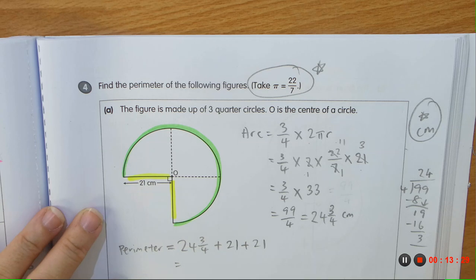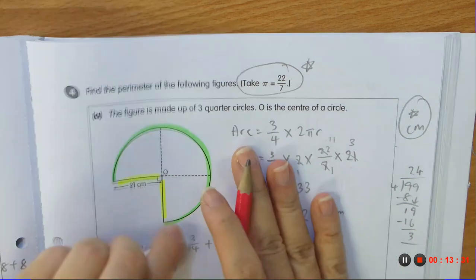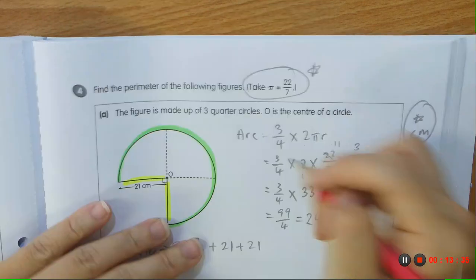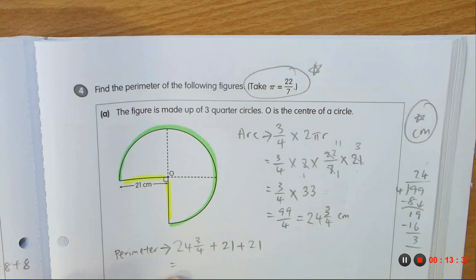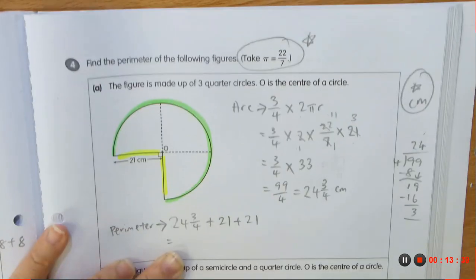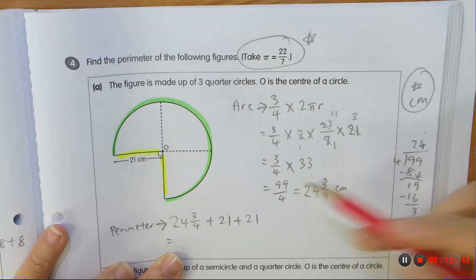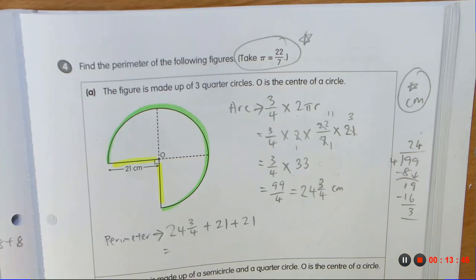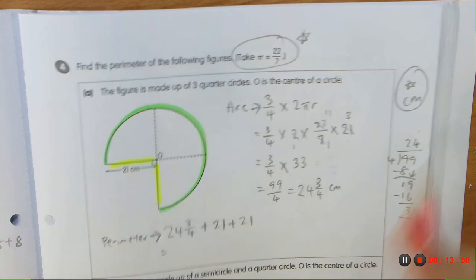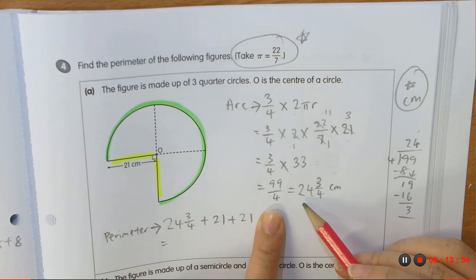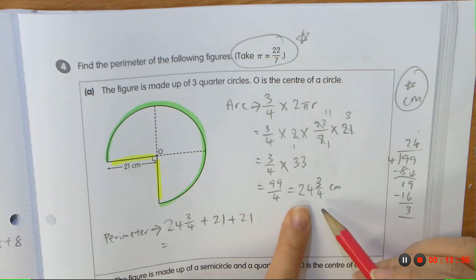Huh? Oh, sorry. Not this one. Here, but it's equal already, right? I'm using 22/7. It's not an approximation. Oh, you're here. Oh, okay. But it is equal. It is equal. 99 over 4 is equal to 24 3/4.